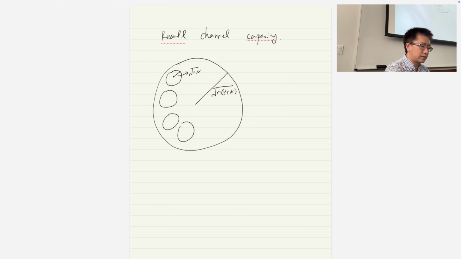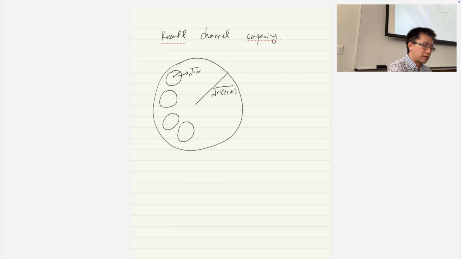Okay, then what do we do with that? The capacity is nothing but how many spheres we can fit here. That's the total number of distinct code words we can transmit, and the log of that would be the capacity.